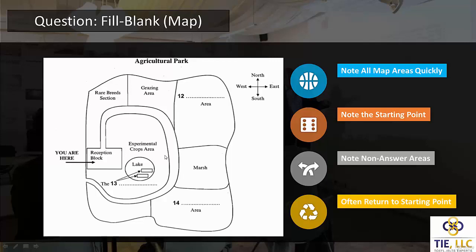Also, very often with a map question, they'll take you back to the reception area and start over to take you in a different direction. The map area can be challenging for some students, but you have to really watch out for directional language. That's what they're testing here.